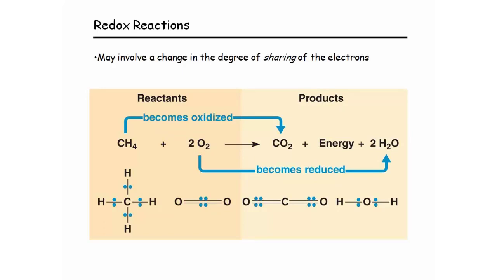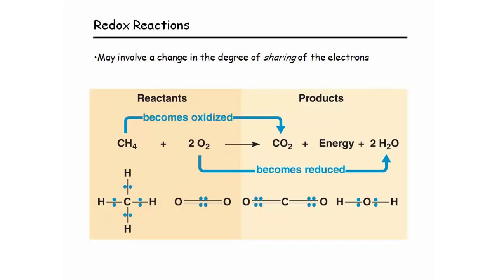In these nonpolar covalent bonds, the electrons will be equally shared by the carbon and the hydrogen atoms. Notice the distance in this diagram that those electrons are from the carbon atom. Keep in mind that the distance from the nucleus that an electron is correlated with the amount of energy that it contains.